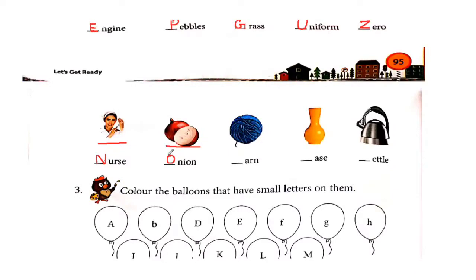So O, onion. This is the picture of yarn, meaning wool. So Y. This is the picture of a vase. So V, vase. This is a picture of a kettle. K, kettle. Now next question.